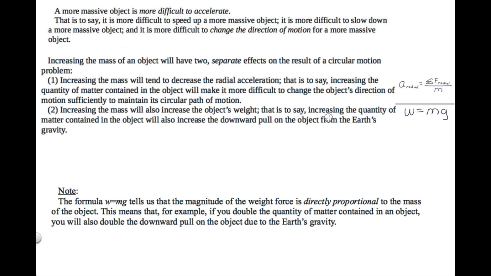That is to say, increasing the quantity of matter contained in the object will also increase the downward pull on the object from the Earth's gravity. Because of these two separate effects of the mass, mass is a difficult and subtle concept to analyze.